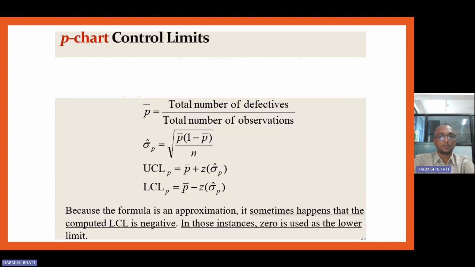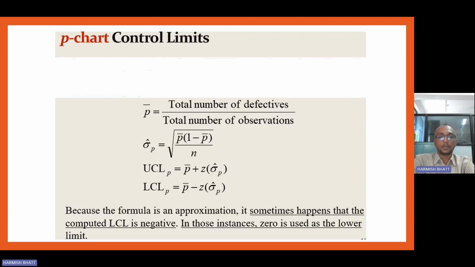So let us understand the first terminology, that is P bar. P bar is nothing but the total number of defects or defectives divided by the total number of observations. Then sigma P is equal to the square root of P bar into (1 minus P bar) divided by small n. Here, small n is the number of items in a sample, or the sample size.